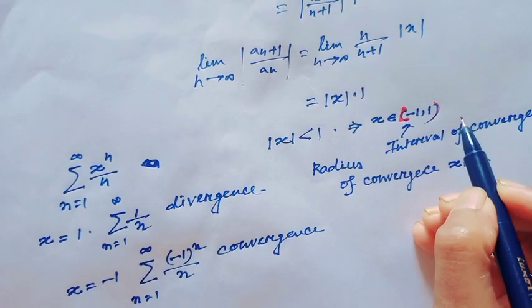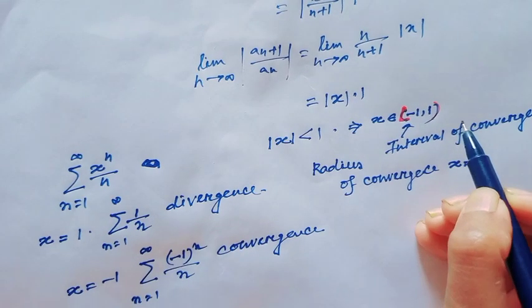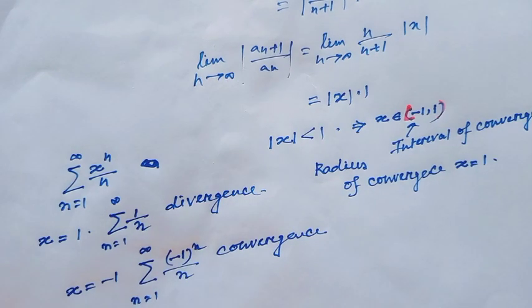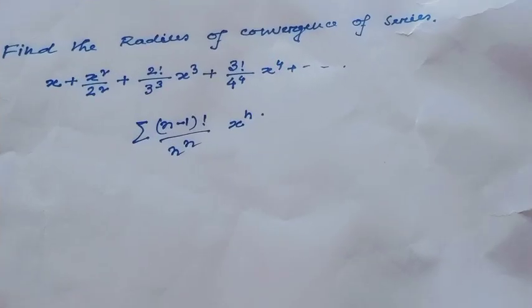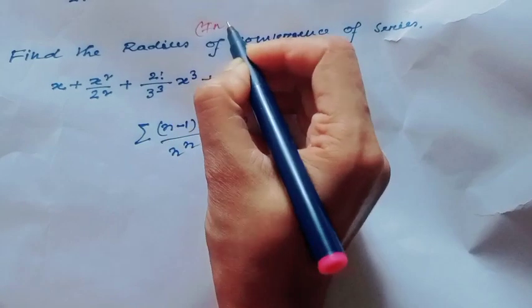But at the end points of this open interval, it does not matter whether the series converges or diverges. This is the actual idea of radius of convergence and interval of convergence. Another example: find the radius of convergence and interval of convergence.